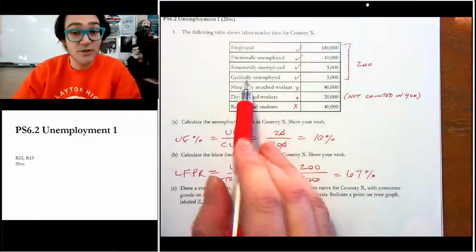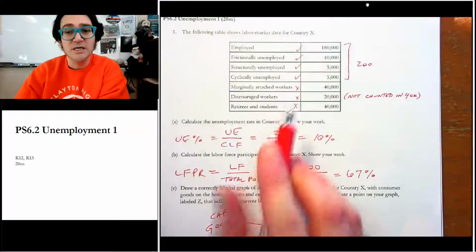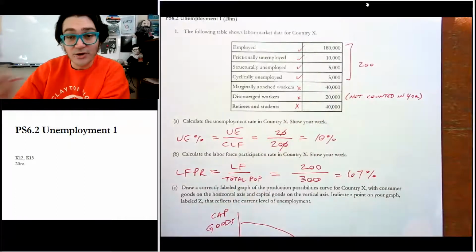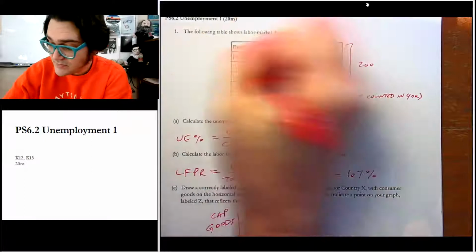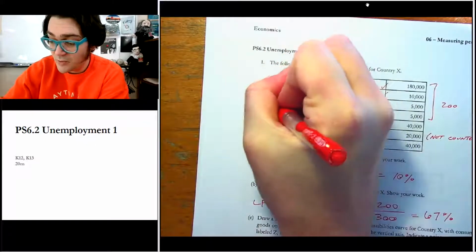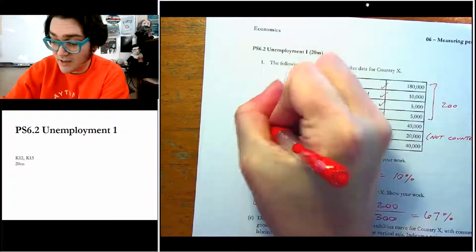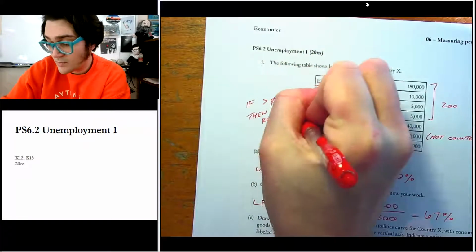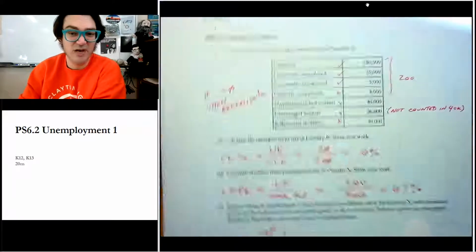And that's where cyclical comes from, the business cycle of ups and downs. And so if we have unemployed people as a result of the business cycle, we are in a recession. So I'm just going to put off to the side over here, if greater than 0, then recession. Right? That's kind of all you have to know there.